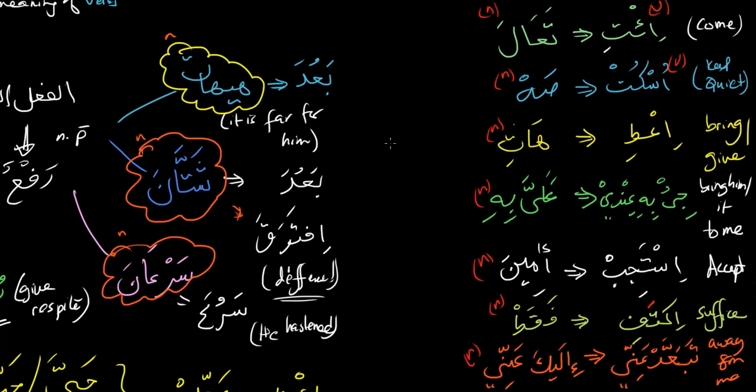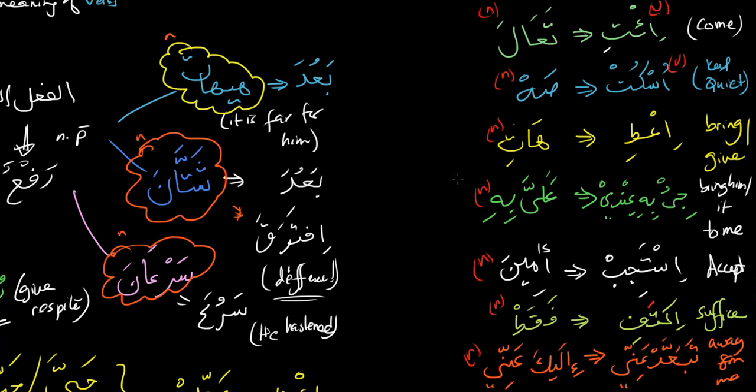Okay, so these are some more examples of nouns. Some of these are inflectable. Some of these are mutasarrif in that their form changes. For example, hati, hatiya, hatu. Hati, hatiya, hataini.